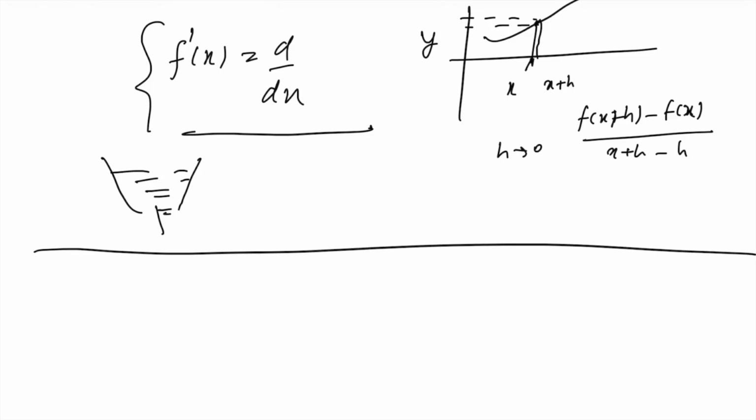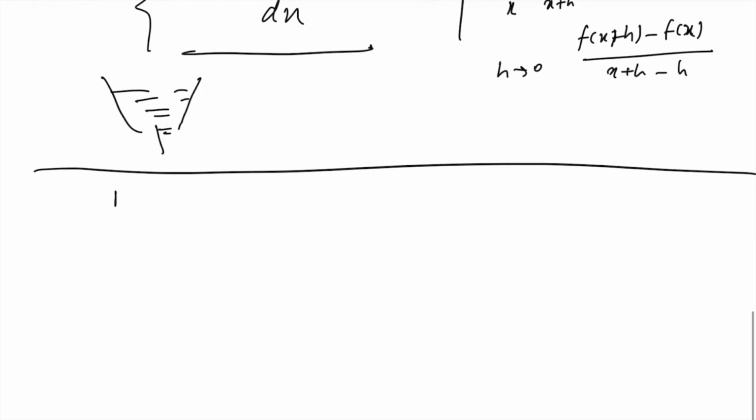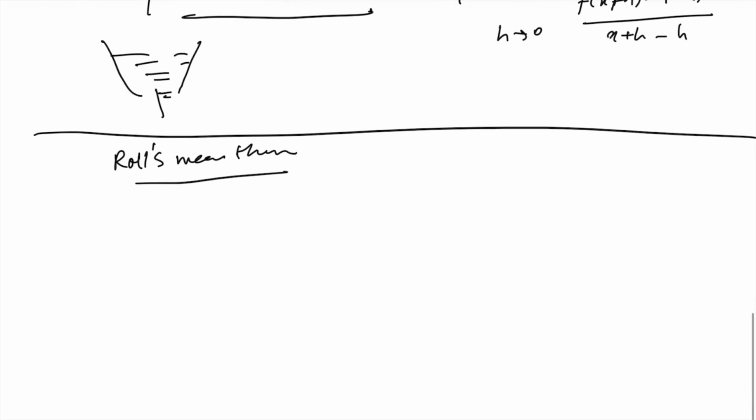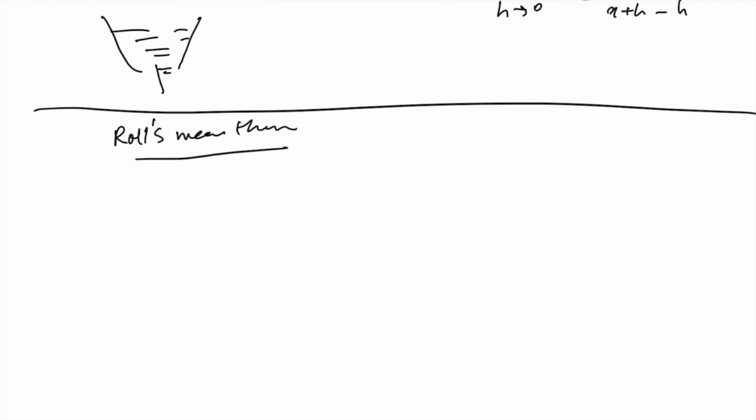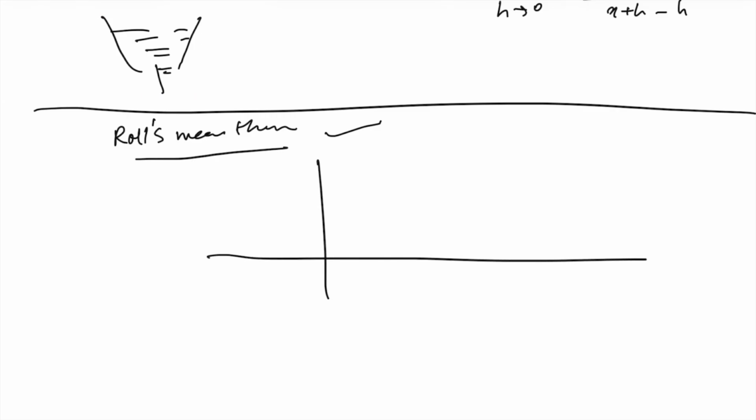So let's do it. You've heard about Rolle's theorem, which is very famous in the IIT syllabus, right? So what is that? Its name is big, but it's a very fundamental concept. Let's say you have any function which is like this, or it could be like this one.